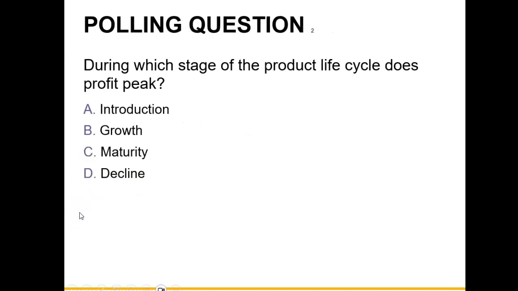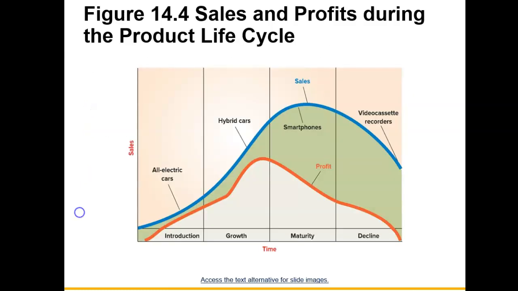Let's take a look at these 4 stages. But before, during which stage of the product life cycle does profit peak? Is it A, B, C, or D? If you said B, as in boy, that is the correct stage.